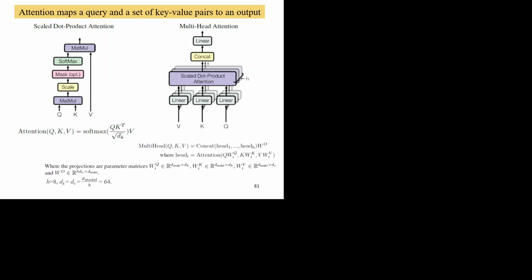Okay, so the output will be a new vector, I call it an attention vector. Q hat 1 is also 64 dimensions. But I just repeat 8 times, so for Q2 it is also 64, and Q3.